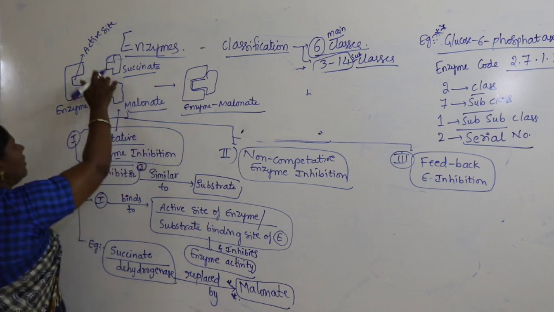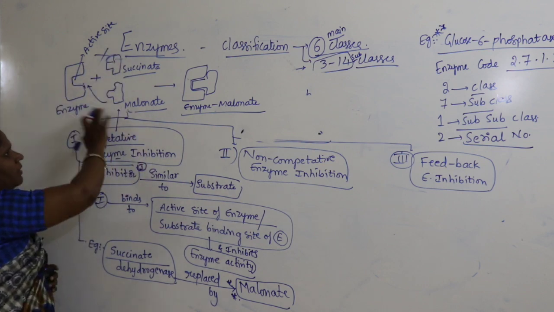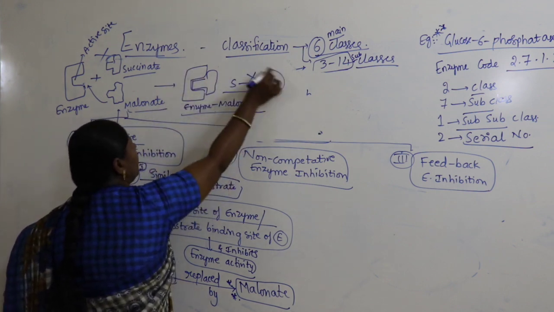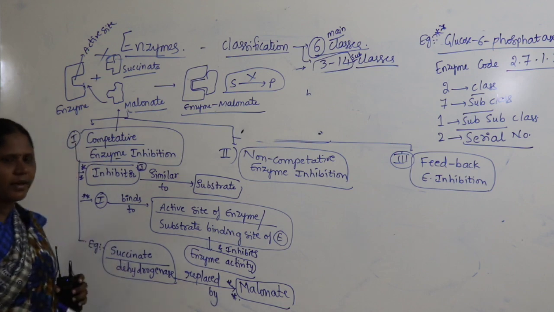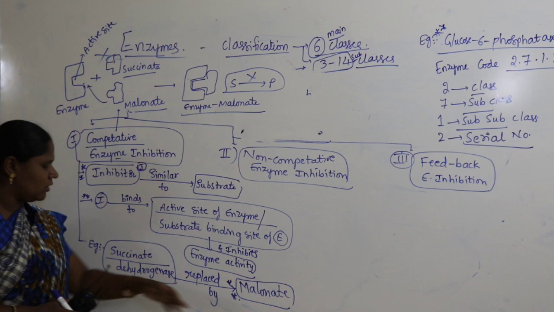So the substrate will not get a chance to combine with the active site, because malonate will go and combine. As a result, the substrate is not getting converted into product. So it inhibits the reaction, and malonate acts as an inhibitor.